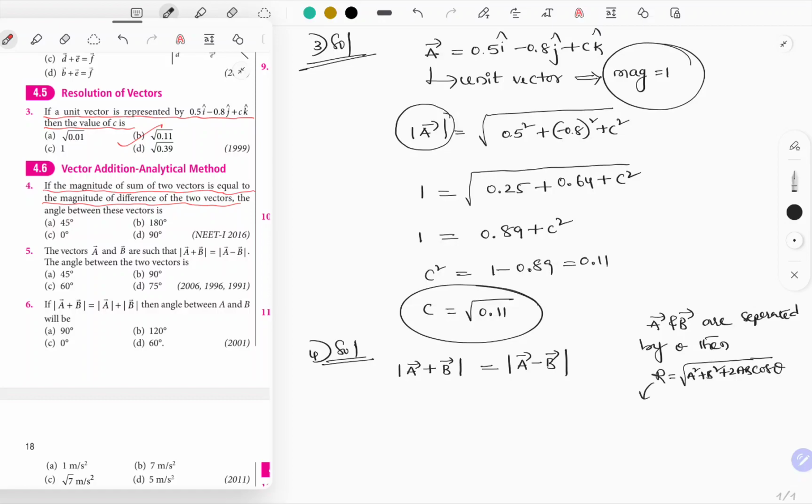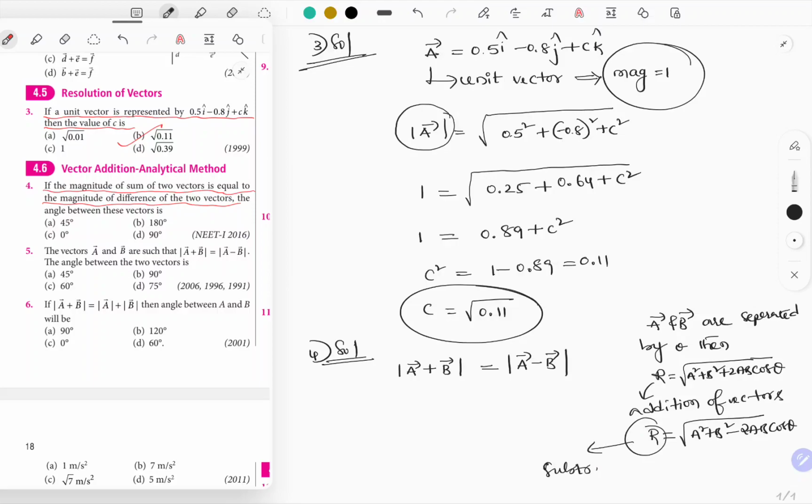This resultant is nothing but the addition of two vectors. What about subtraction of vectors? The magnitude of subtraction of two vectors is root of a square plus b square minus 2ab cos theta.